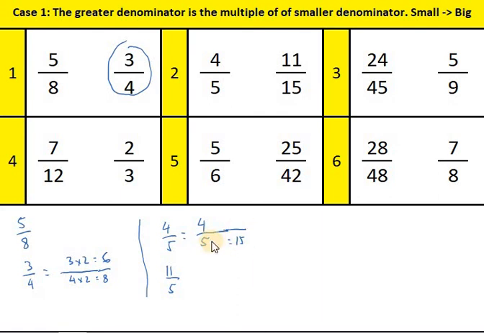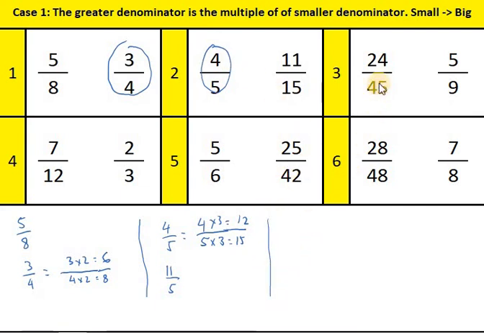I need to multiply it by 3 to become 15. Same with the numerator, I multiply by 3, and the result is 12 out of 15. Then I see that 4 out of 5 is greater, since this one is 12 out of 15 and this one is 11 out of 15. So I circle the greater fraction.